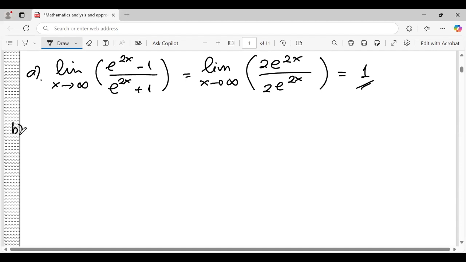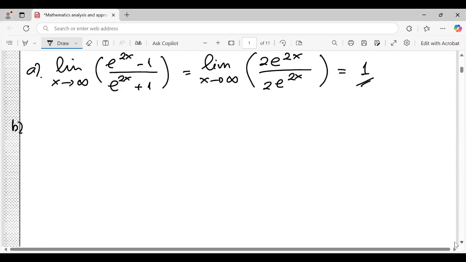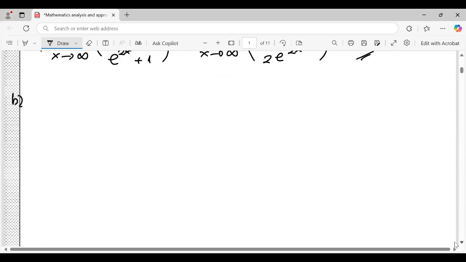B. Part 1. Show that dy/dx equals 4e^(2x) over (e^(2x) plus 1) squared. According to the question, y equals e^(2x) minus 1 over e^(2x) plus 1.